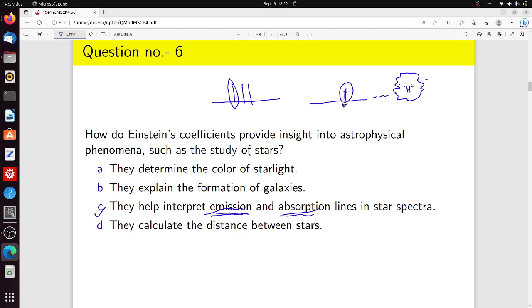From that you can identify that the dust cloud is composed of hydrogen.